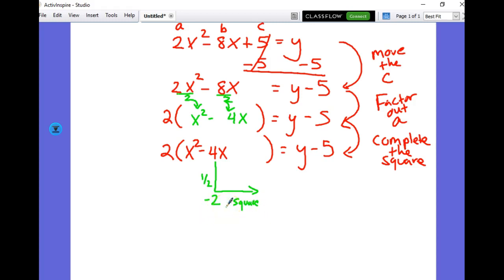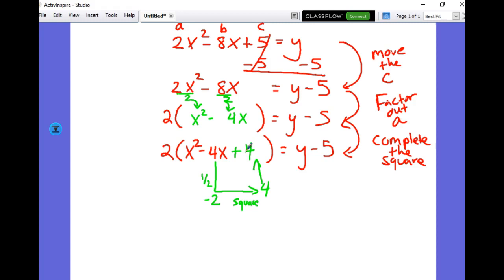So negative 2 to the second power is going to be a positive 4. And then we're going to put it in right there. It'll always be a positive. Whether you have a negative here or a positive, because you square it, you're always going to end up with a plus there.